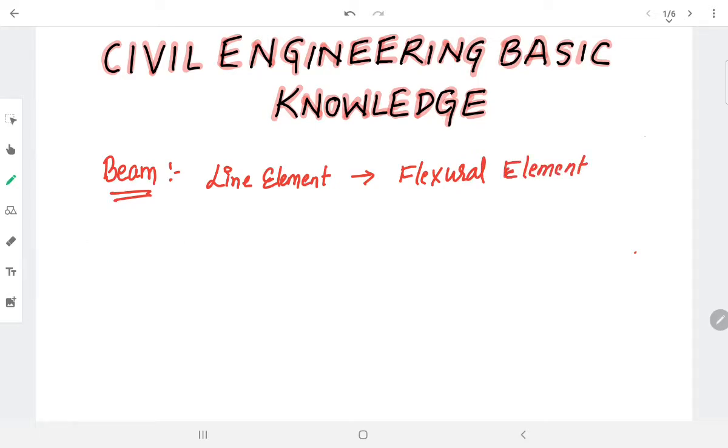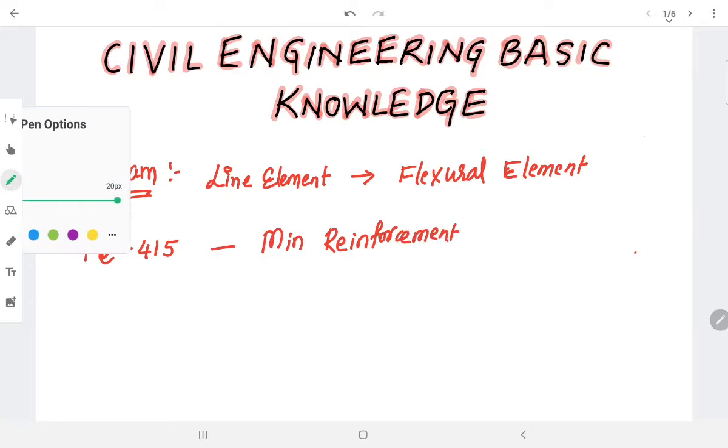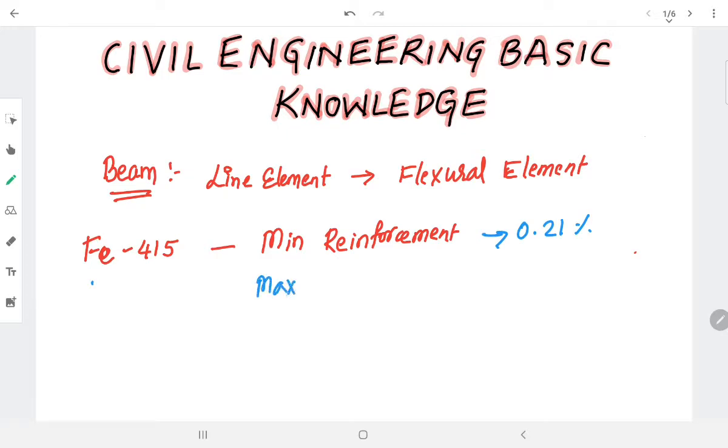If you are using Fe415 steel, the minimum reinforcement or steel in the beam is 0.21%, and the maximum reinforcement is 4% of the total cross section area. In this way we find the limits of the reinforcement in a beam.